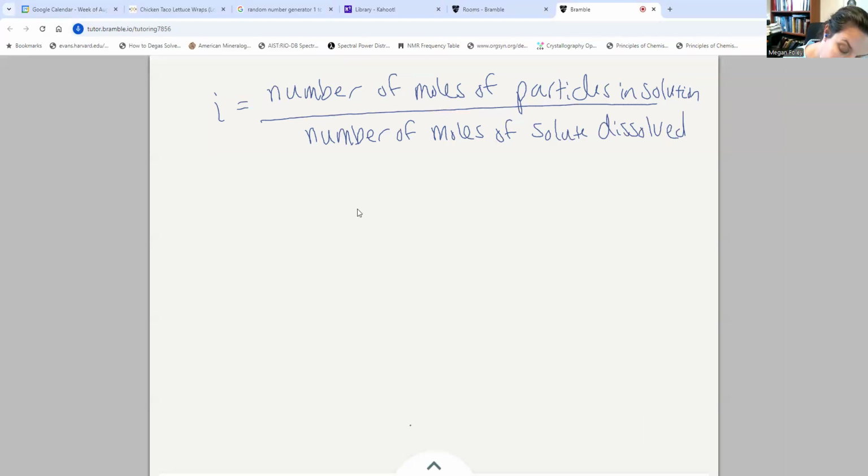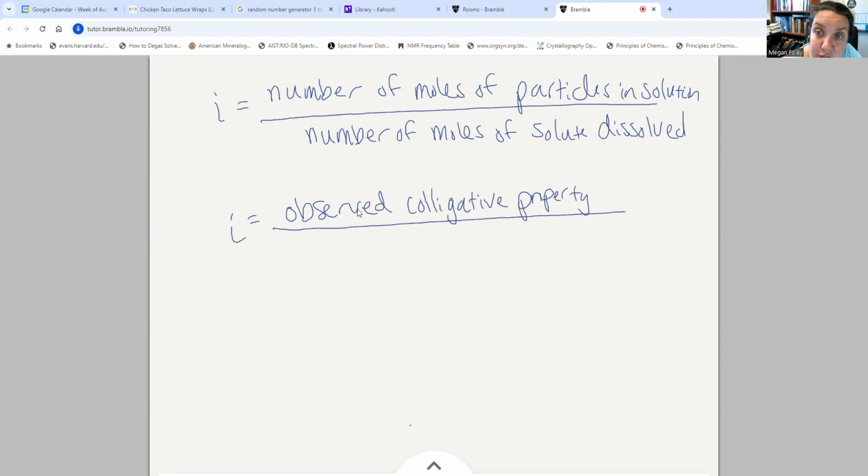And you can also calculate it using the observed colligative property, such as boiling point elevation, over the theoretical.